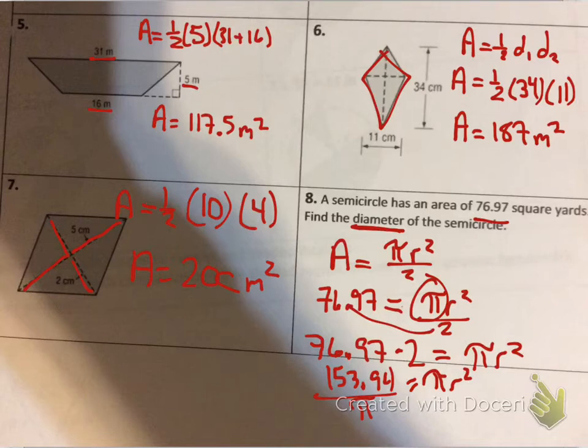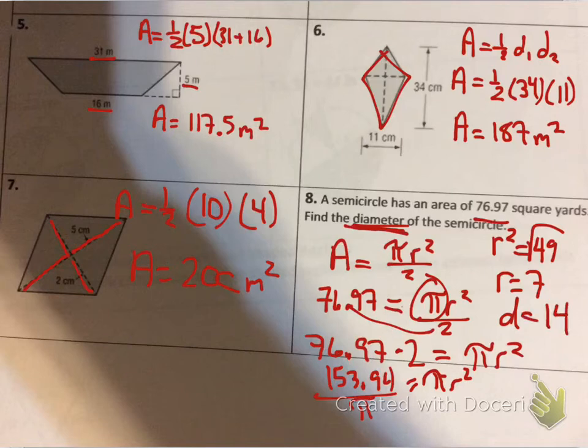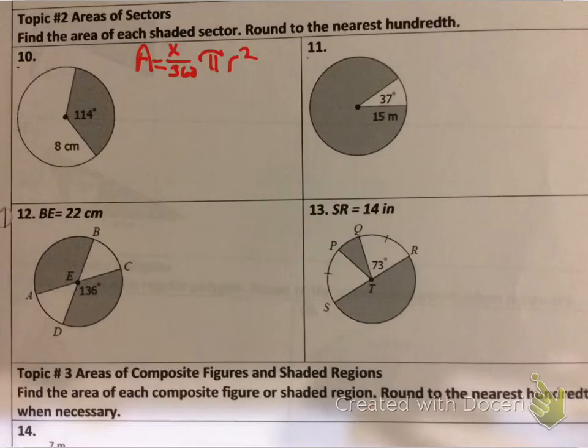You get 49. So r squared is equal to 49. Take the square root. R is equal to 7. So then the diameter is equal to 14. Because remember, the diameter is the radius multiplied by 2. It goes all the way across. Alright, so we're getting there. There's that word problem.